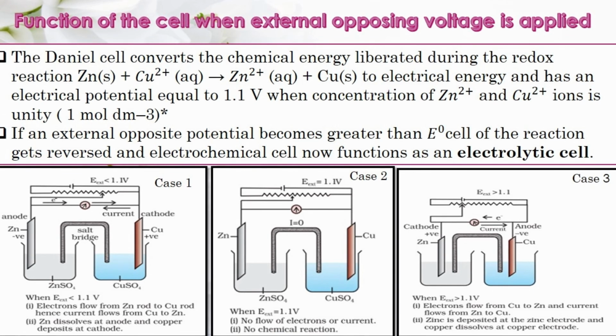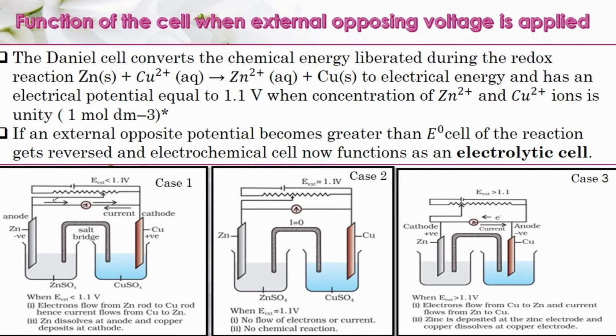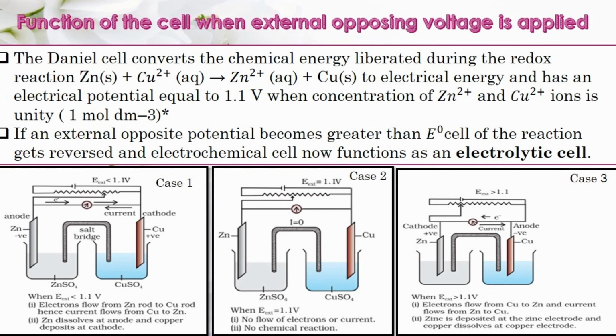I am going to apply this external opposite potential slowly. When the external opposite potential is less than 1.1 volt, this cell will act as an electrochemical cell.